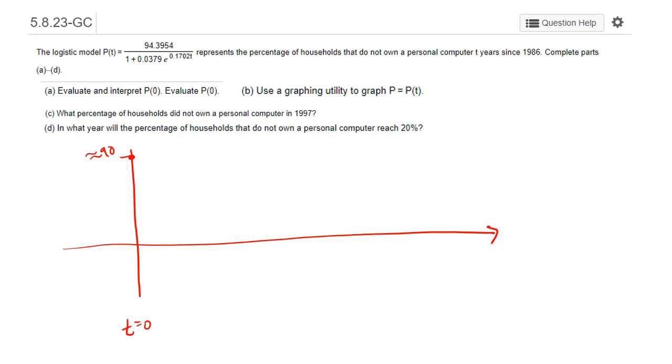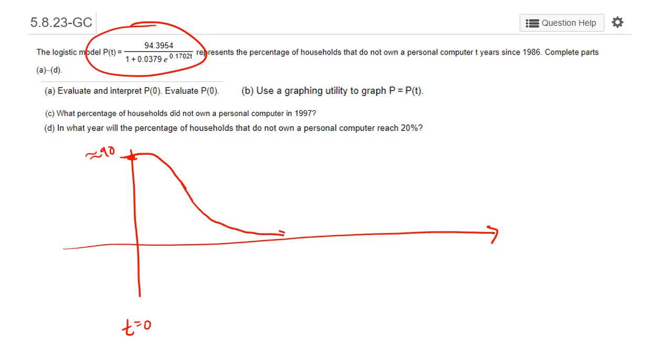Okay, so the graph starts here. As time progresses, the percentage of homes without a computer falls and starts falling quite quickly. But the percentage of homes without a computer can't go below 0. That doesn't make any sense, and this sort of function actually captures that behavior. It's falling quite quickly, but then it starts slowing down.